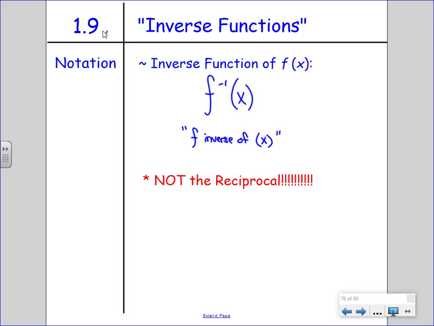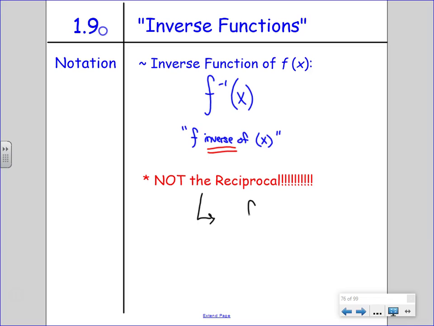And it does not mean f to the negative 1 power of x. I didn't write that. What did I write in quotes as how I want you to read this notation? F inverse of x. Bingo. I need you guys to box it, highlight it, underline it, star it, something. This little negative 1 is not a power. Now some of you are like, but why'd you just spend all that time? Because negative 1 is a thing.